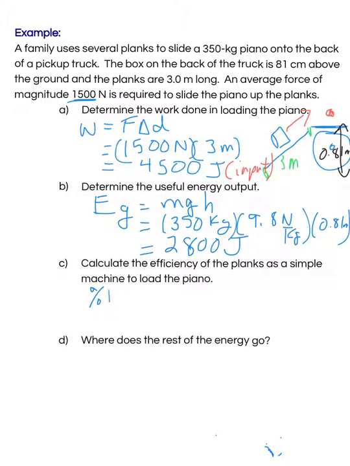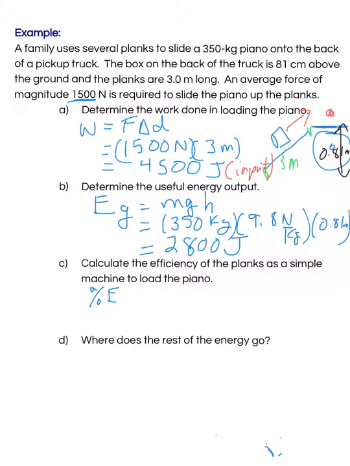Percent efficiency is equal to my useful energy output divided by my input times 100.